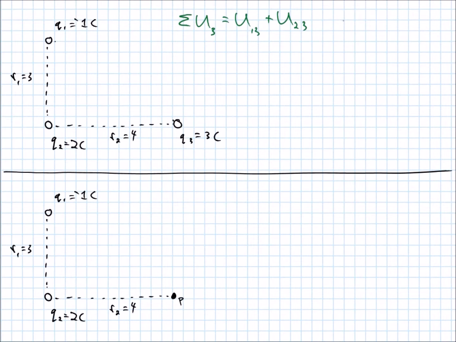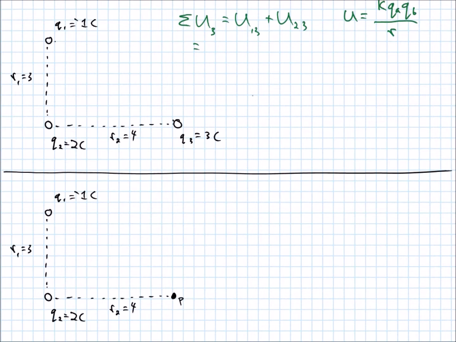Let's recall in general that electric potential energy is K, one charge, times the other charge, over the distance between them. Using that equation, let's continue filling this out.